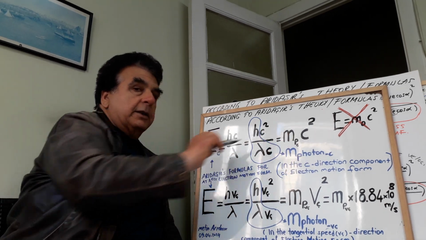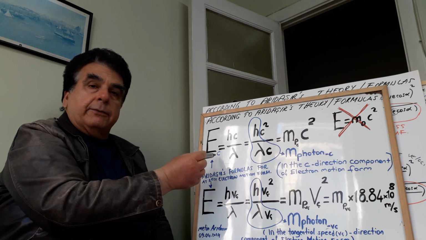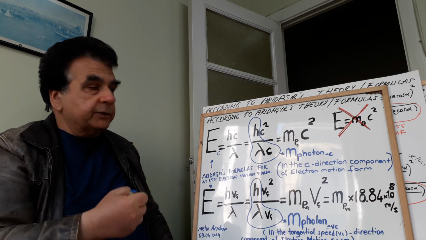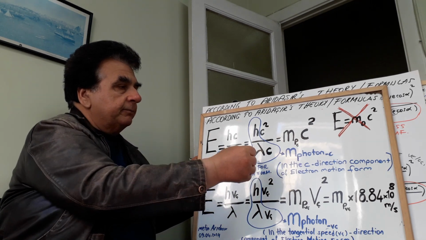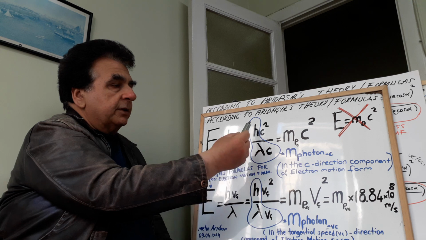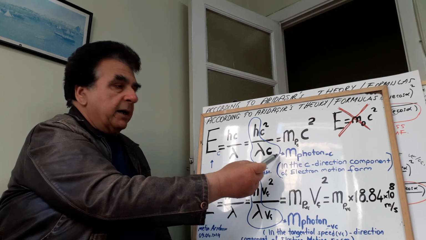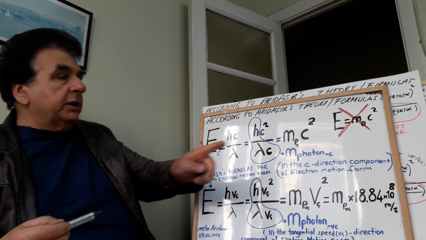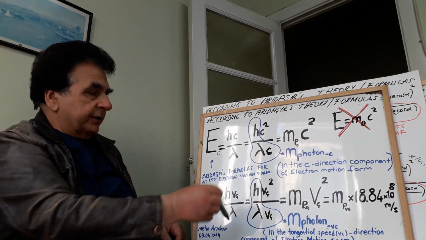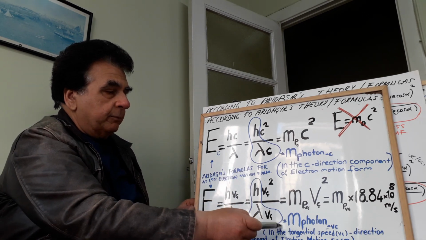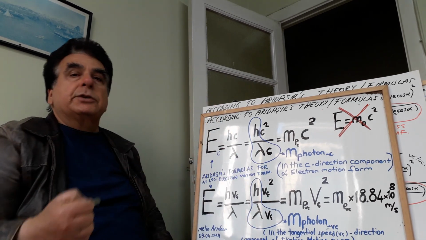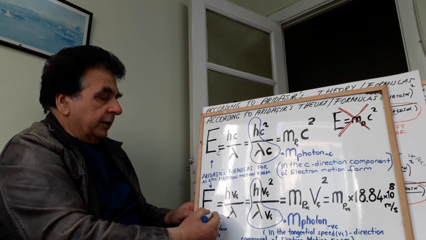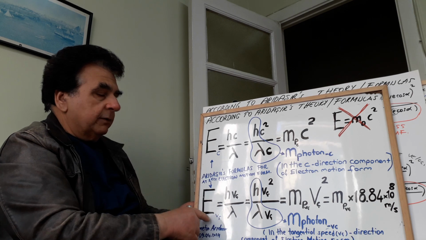Here, speed of light component, point mass of photon, hc divided by lambda normal, wavelength, radius of electron motion form. This is photonic mass. This is my photonic mass formula in the c direction. This is photonic mass formula in the tangential velocity direction. This is photonic energy, tangential velocity component.